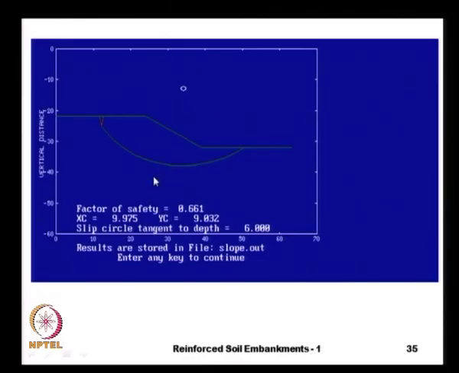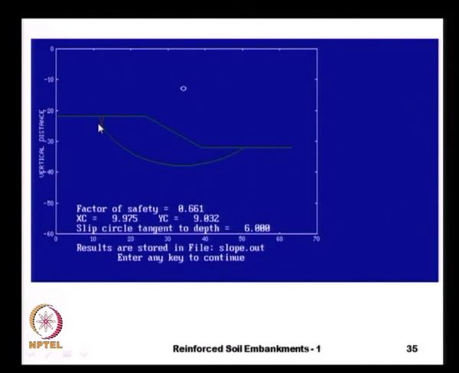Here you see an example of a computer program result, and this computer program you will get as part of this course. Here you see the factor of safety of an unreinforced slope with some tension crack, especially when you have a clay soil, we should expect the formation of tension crack.